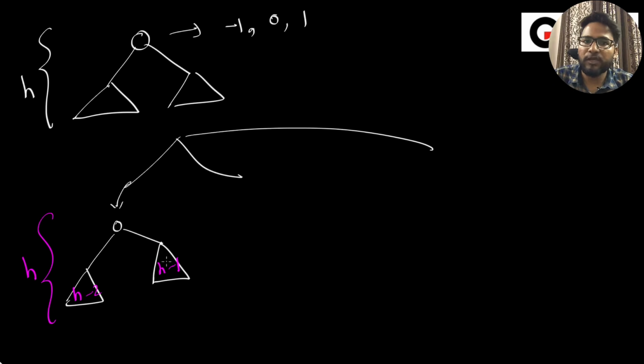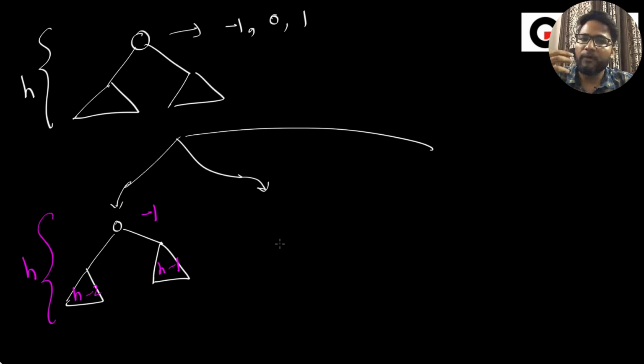In this way the balance factor will be -1. The second possibility could be, so I hope you're getting what I'm saying, that you want an AVL tree of height h, and there are three possibilities, which means the balance factor could be -1, 0 or 1. So why am I talking about the balance factor?